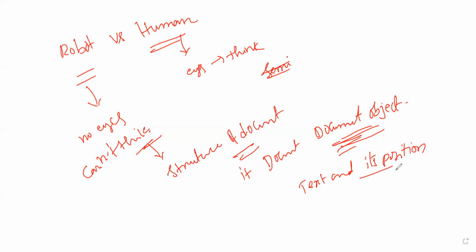Based on this, the robot can understand what type of document it is and what data it is having. So these are the two different ways in which the human and the robot understand.